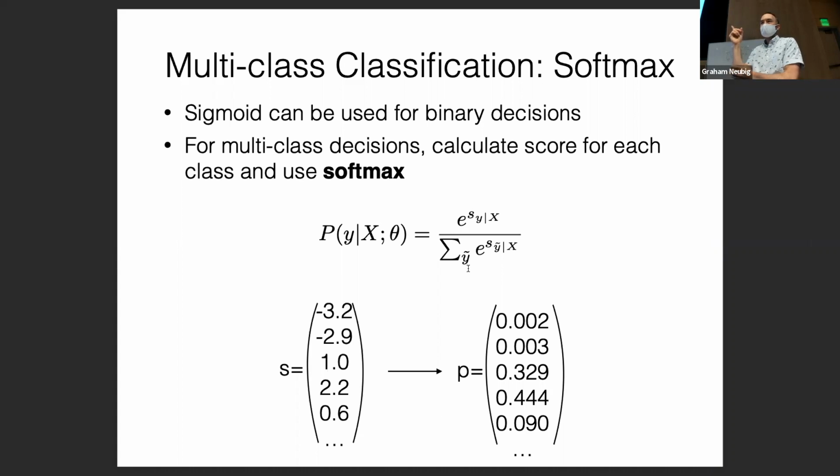And all of them individually should be between 0 and 1. You're right. So the softmax allows you to do that because it makes all of the values positive, since the exponent is always positive, and then it normalizes them so that they add up to 1. So yeah, that's what the softmax does.